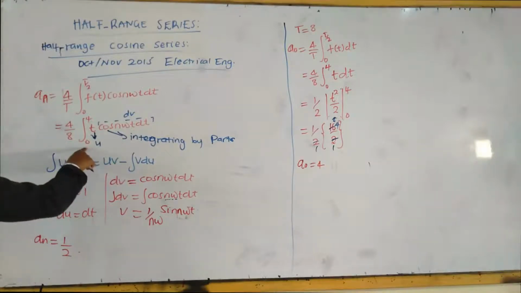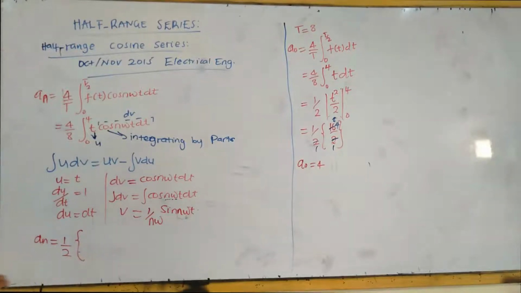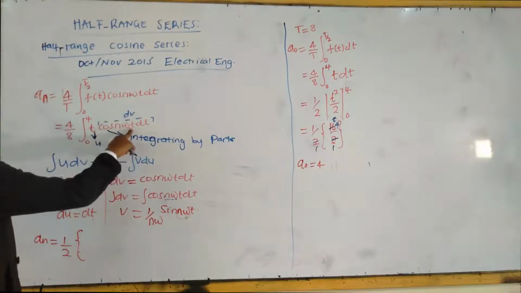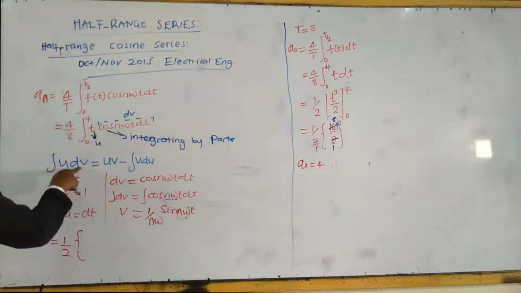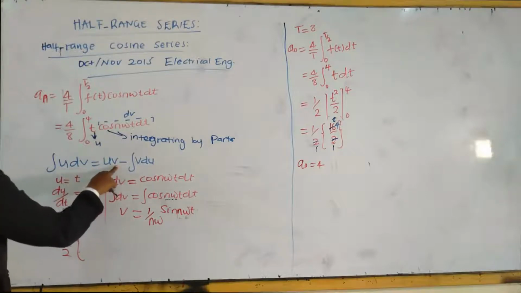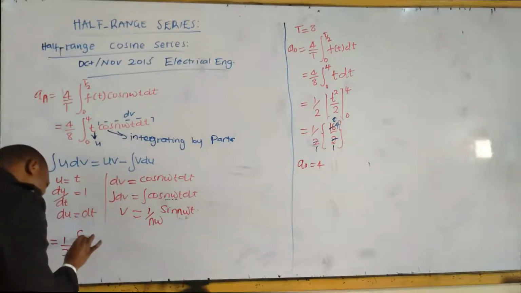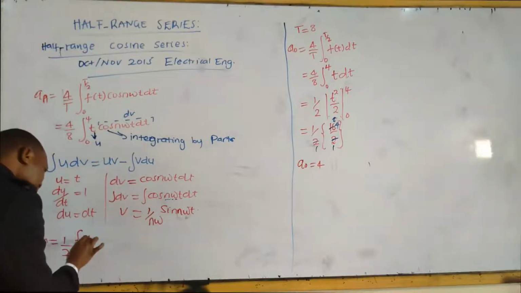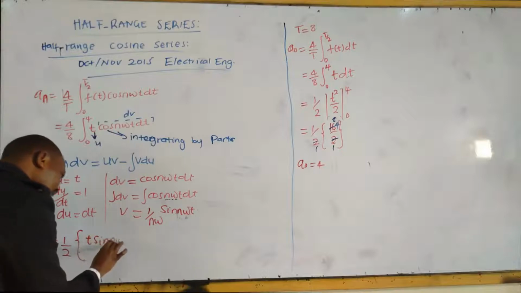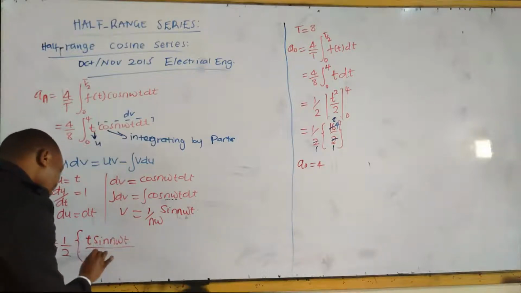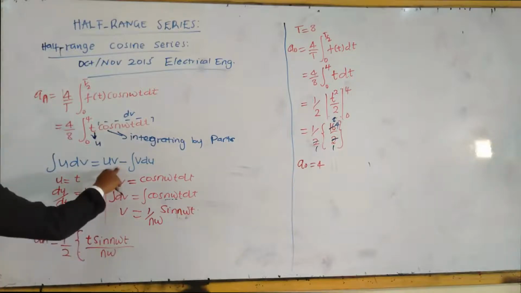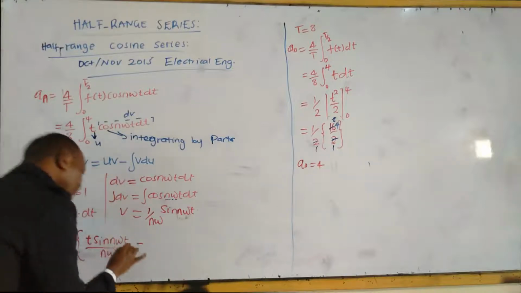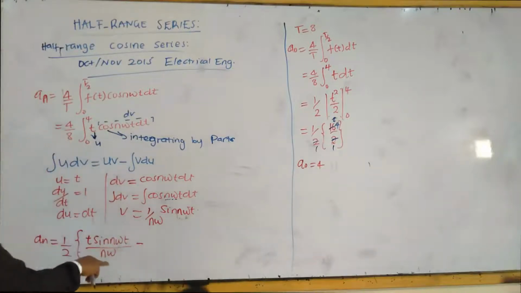Then you open the bracket, because when integrating u dv, we get uv. u is t, v is sine n omega t over n omega, that is uv, minus the integral of v du. Here, because we are done with the integration, there is no sign of integration.